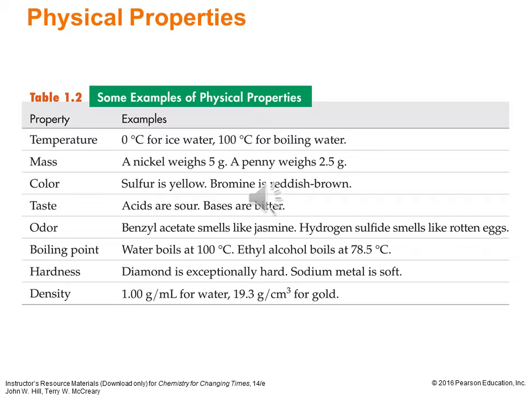Many substances have no taste or odor, but others have very characteristic tastes and odors, for example. And then hardness. We have diamond, which is the hardest known material in 3 dimensions. And contrast that with something like sodium metal, which is very soft. So these are examples of physical properties.